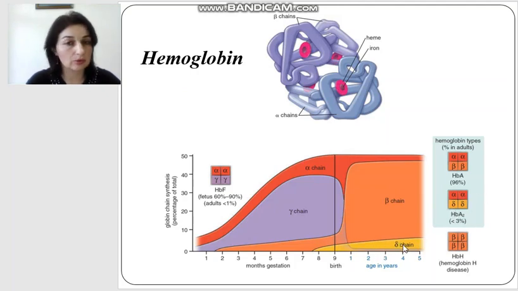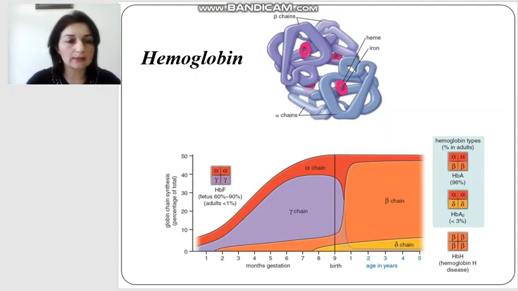And in a small amount, 1 to 2%, we also have hemoglobin F, fetal hemoglobin. In pathological conditions, hemoglobin H may be formed, which includes 4 beta chains. So that is the hemoglobin.